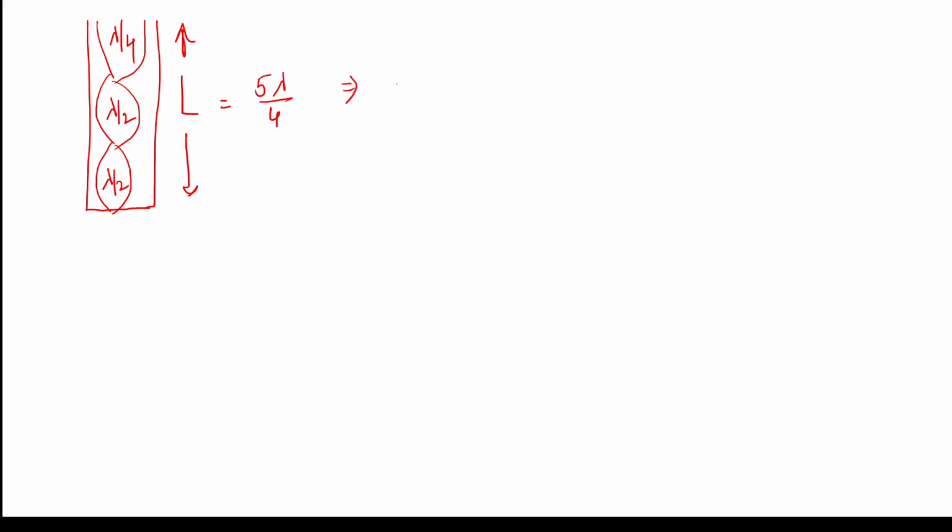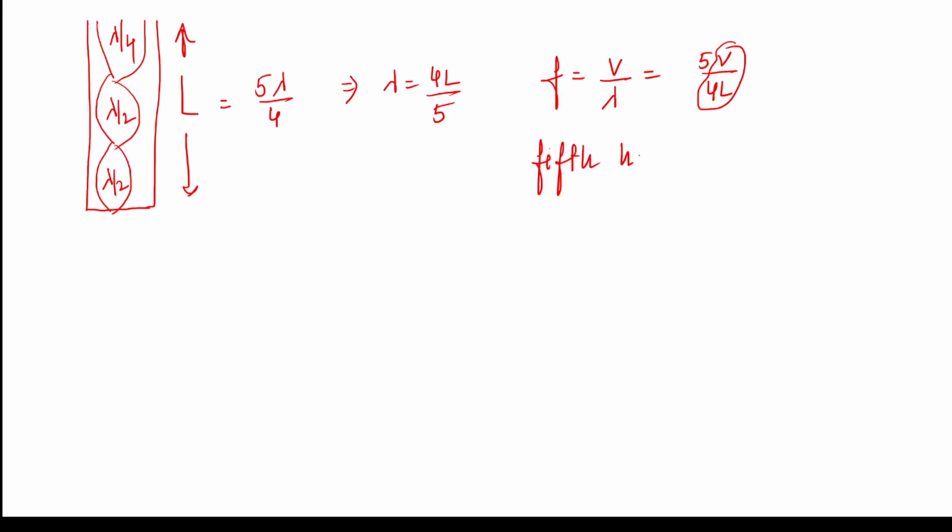So rearranging, lambda will be 4L over 5. So frequency is V over lambda. So this becomes 5V over 4L. So see, it is 5 times the fundamental or the first harmonic. So this is the fifth harmonic. So that's your closed end tube.